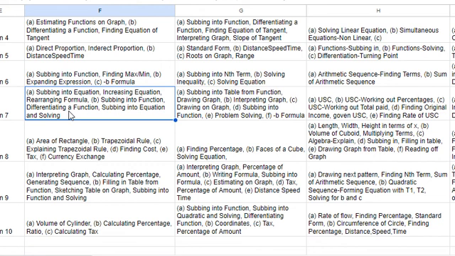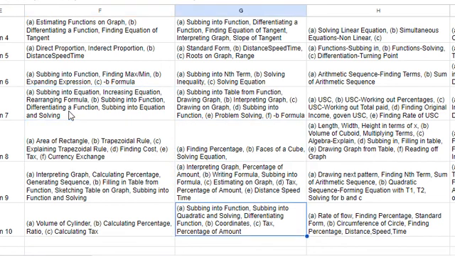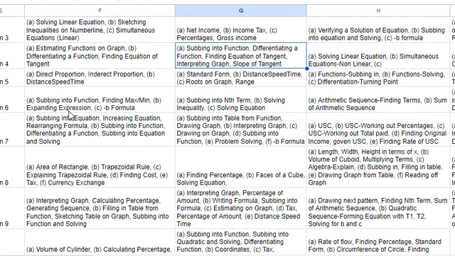So differentiation was question 7 last year. Then it came up in question 10 in 2022, and it came up in question 4 as well in 2022. And find an equation of a tangent.